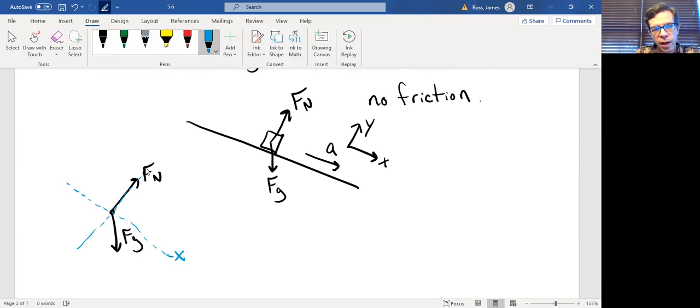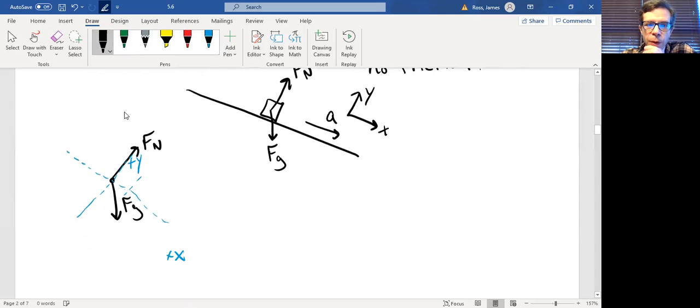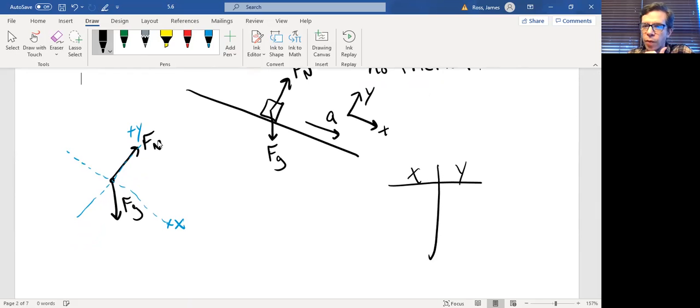We've got our positive x direction and we've got our positive y direction. All right, so our normal force is on our coordinate axis, so that's fine. If we now want to break up into components, I've got my normal force and I've got my force of gravity. My normal force is not in the x direction, it's in the positive y direction.